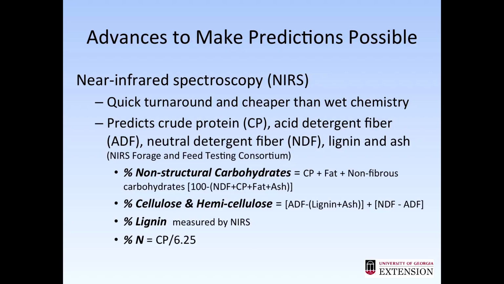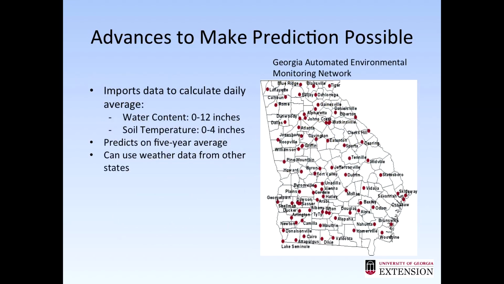And what we do is take those correlations and switch around some calculations, and I'm giving you these here, to predict the non-structural carbohydrates, the cellulose and hemicellulose, which we just call cellulose. We get lignin from the NIRS, and then we can get percent nitrogen from crude protein. And if you want to ask me about this later, you can, but those are the formulas up there.